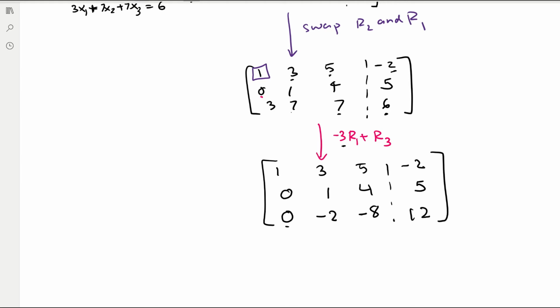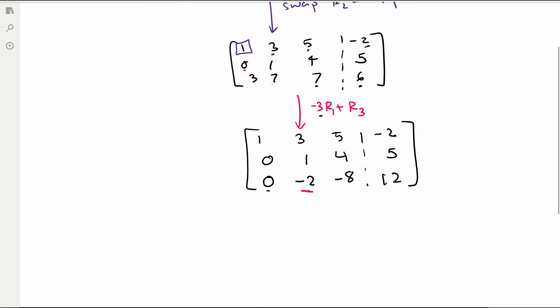Now it's a matter of making this entry 0. Here's our leading entry. It's non-zero. Good, so we don't have to swap any rows. To make that triangle of zeros, we have to make -2 a 0, and it can be easily done. To make -2 a 0, we can multiply the second row by 2 and add it to the third row.